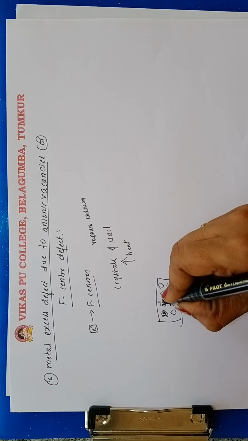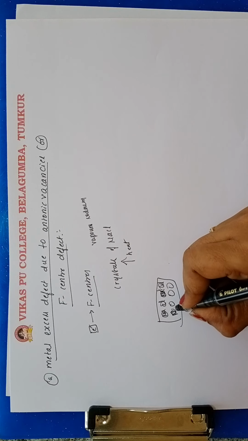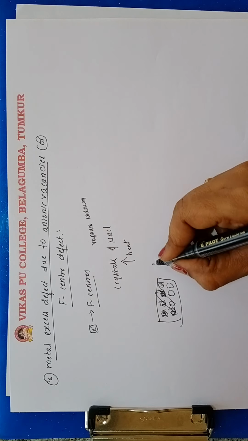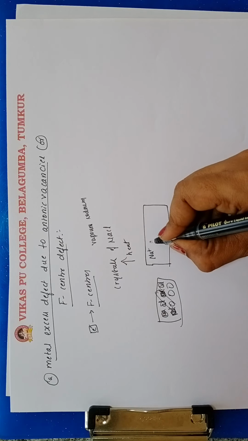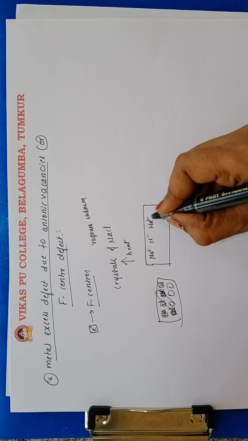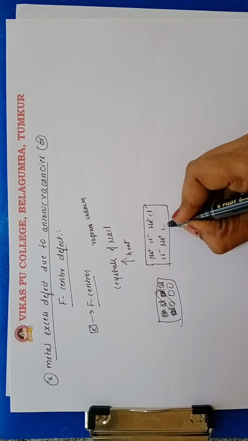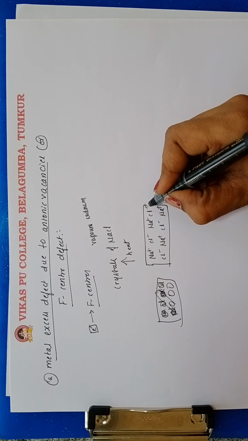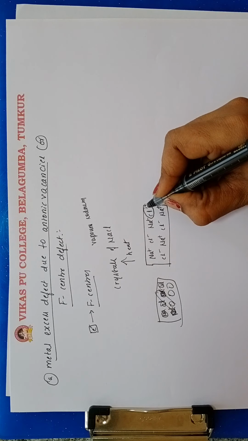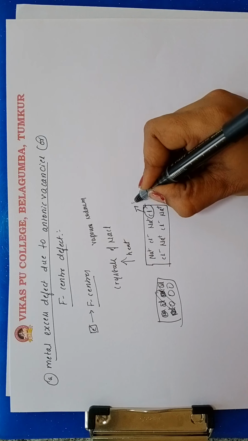Suppose Na plus, Cl minus, Na plus, Cl minus are the lattice points, and a Cl minus ion is missing.